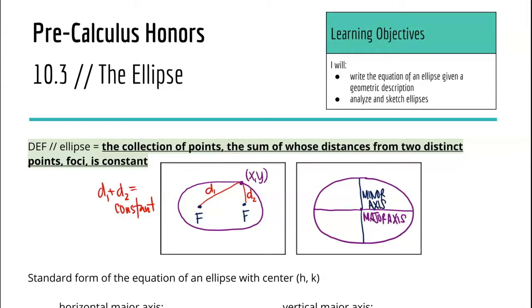The points where those axes hit the ellipse on the major axis, those will be the vertices. And then on the minor axis, those will be what are called covertices. And then here's the center in there.